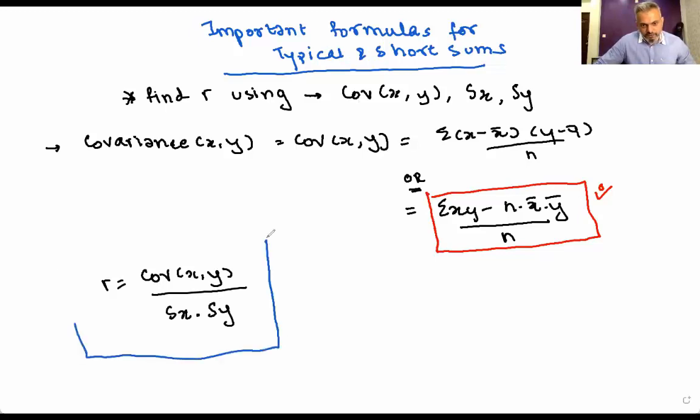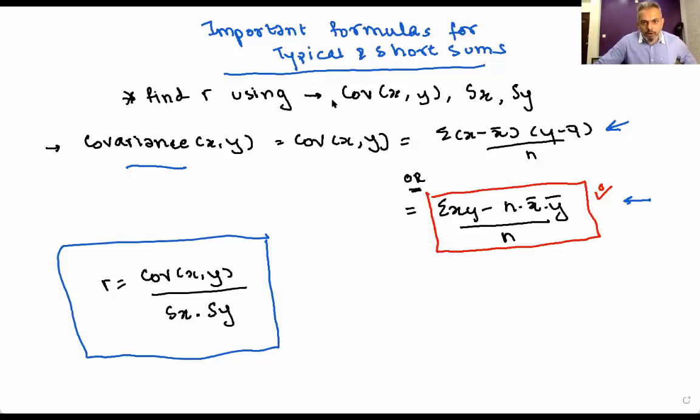This is actually the main formula for finding the correlation coefficient, but many times covariance is not given directly. So we have to use either this formula or this formula based on the information available to us.